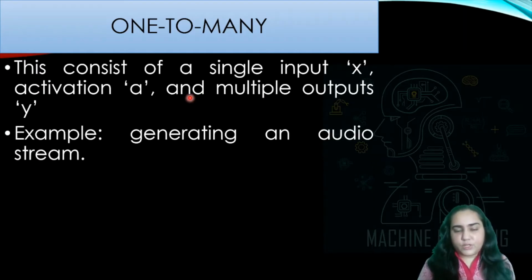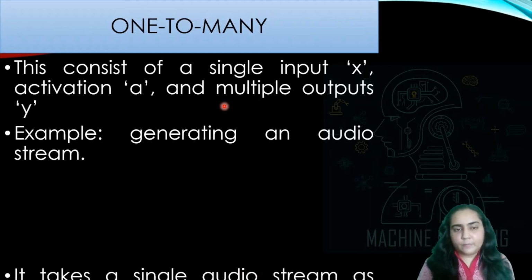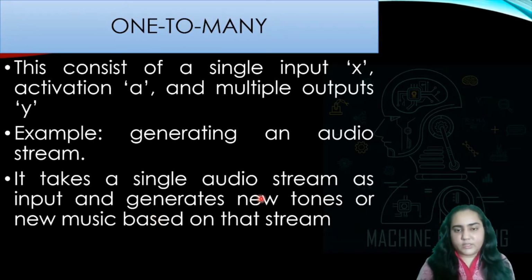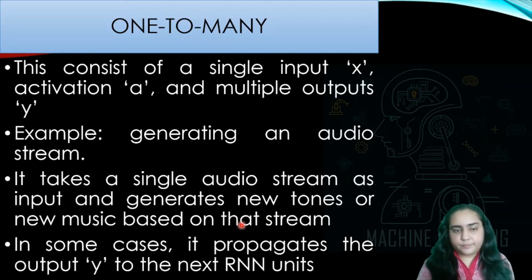So if you had to generate an audio stream, then you might want to use a one-to-many function because you have one input, but for the streaming purpose, you might want to have outputs in several formats. So it takes a single audio stream, but generates new tones or new music based on that stream, and that's why there are many outputs. So in some cases, it propagates the output Y to the next RNN units.